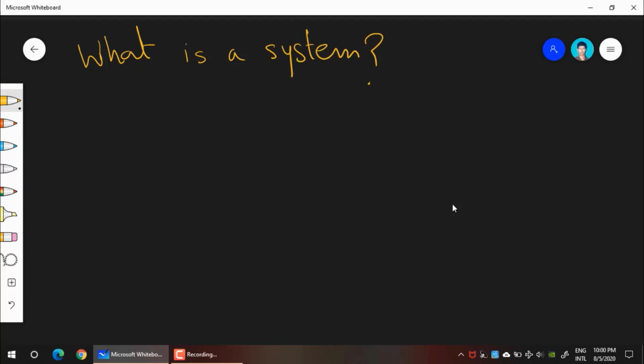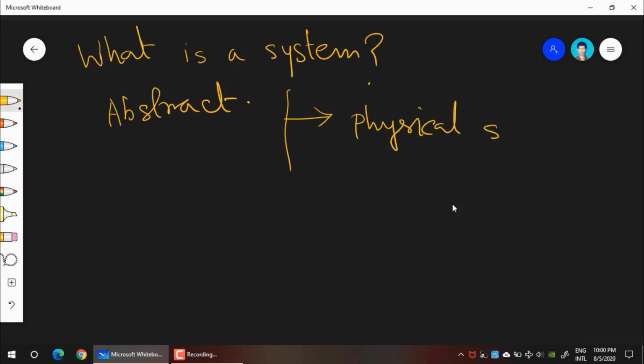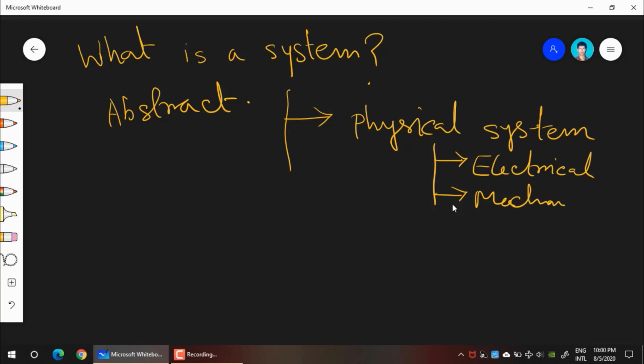In short, a system is a very abstract concept. You can describe a system as anything, like any physical system. You can have an electrical system, a mechanical system. Your bicycle is an example of a mechanical system. And also you can have an electromechanical system.